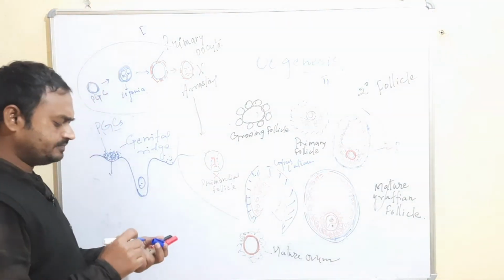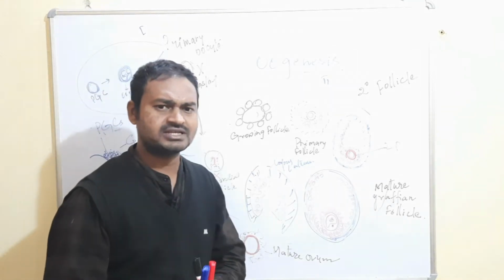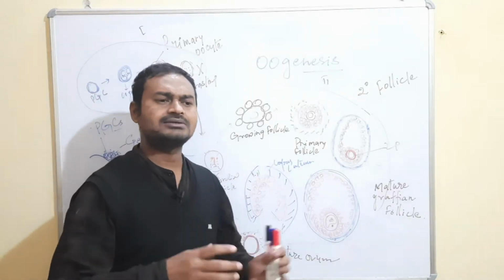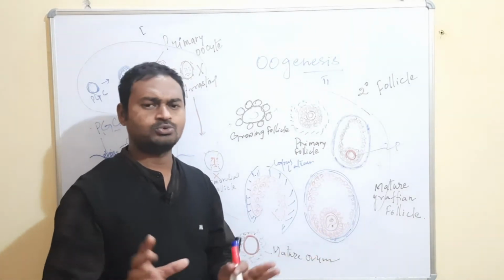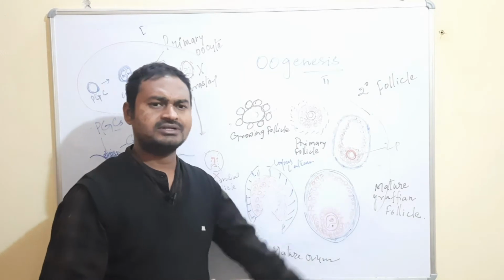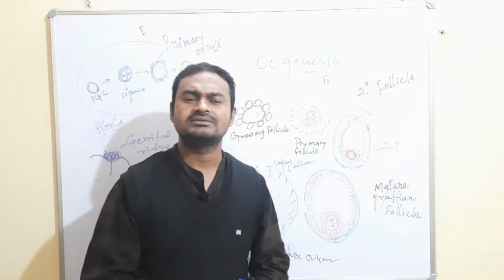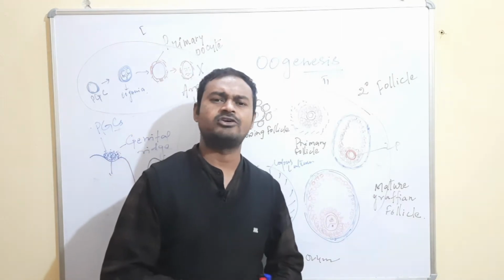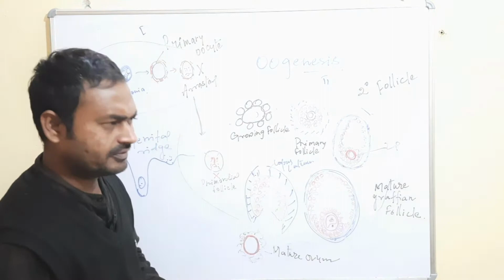After the formation of the progenital germ cells, within the 2nd to 7th month, at the 7th month there are almost 7 million oogonia.